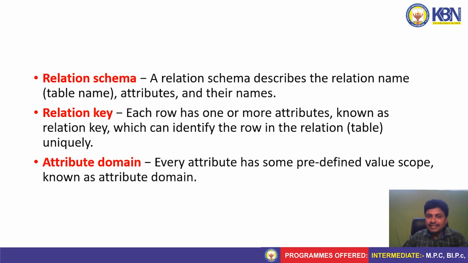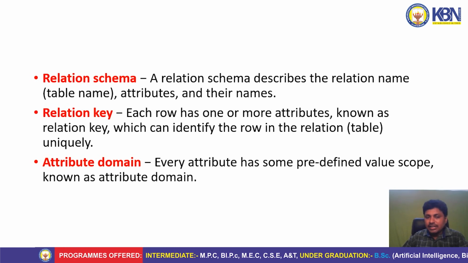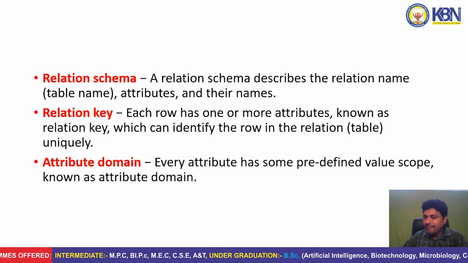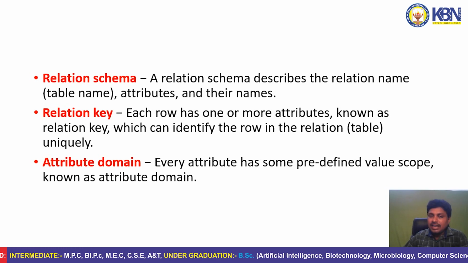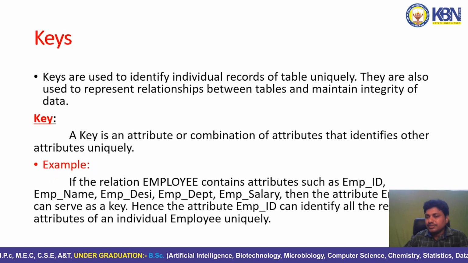What about the relational key? Each row has one or more attributes known as the relational key, which can identify a row in the relation. And what about the attribute domain? Every attribute has some predefined value scope known as the attribute domain. And what are keys? Why are we using keys? Keys are used to identify individual records of a table uniquely.